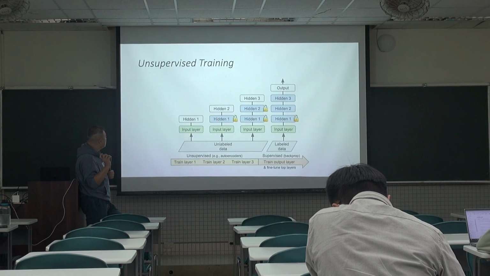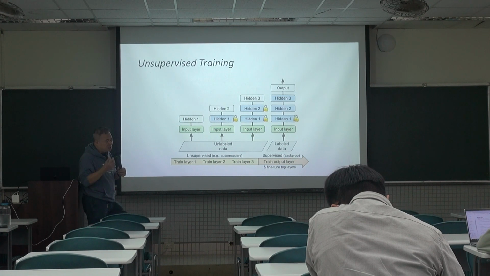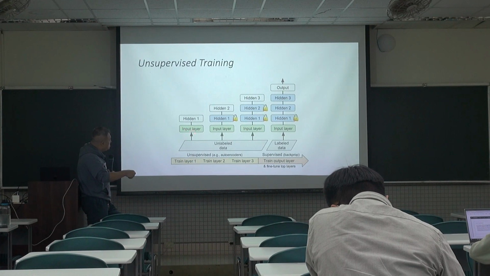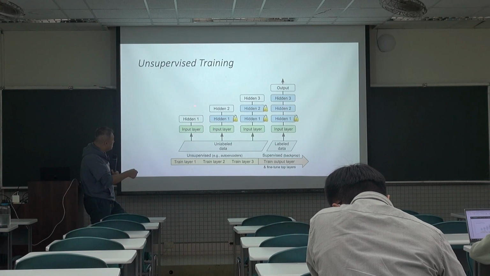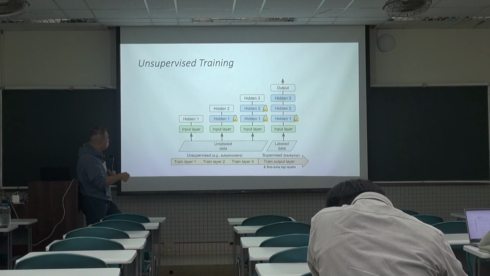It's something like this. Because you do not have a lot of labeled data, at every step you only train one layer. For example, in the first step, you train one hidden layer.